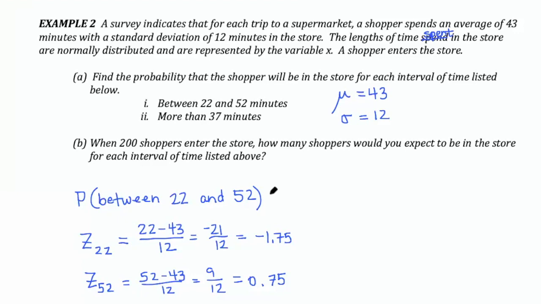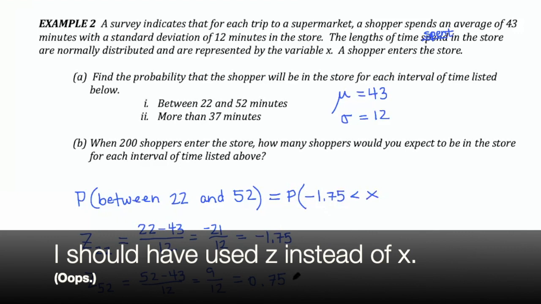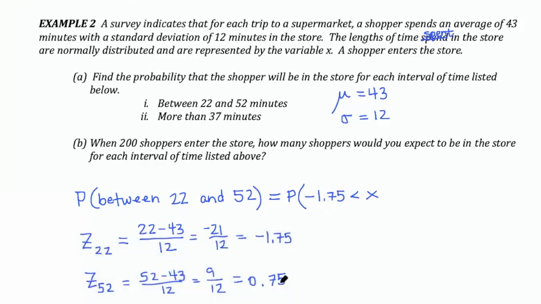I can now write an equivalent probability statement in terms of z-scores. Instead of looking for scores between 22 and 52, I'm looking for x to be between the z-score that corresponds to 22, which is -1.75, and then the upper boundary, 52 minutes, which corresponded to 0.75.